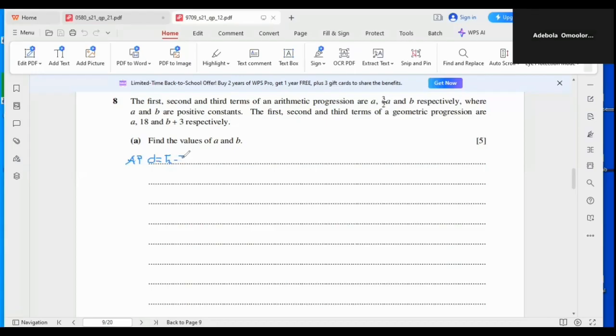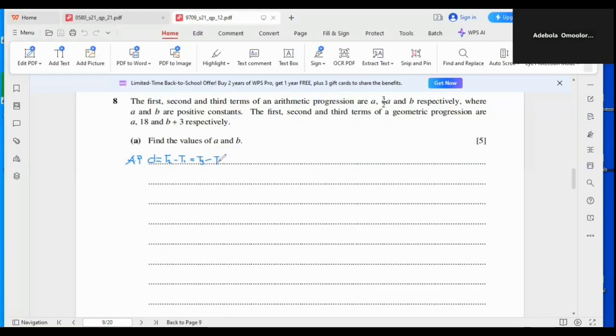It is also the third term minus the second term, so that's T3 minus T2.